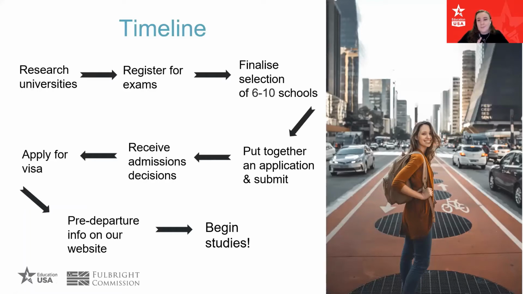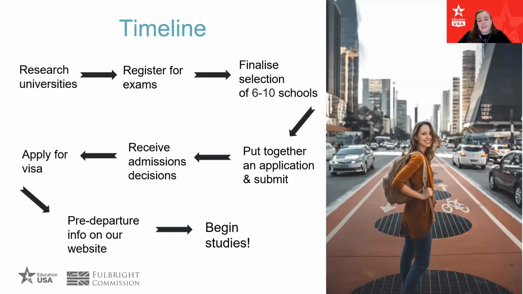So you'd typically be looking at the end of year 12, S5, or year 13 if you're in Northern Ireland. And so really probably the most important part of the process is to research universities, with there being such a large variety out there, and we'll talk about that in just a moment.